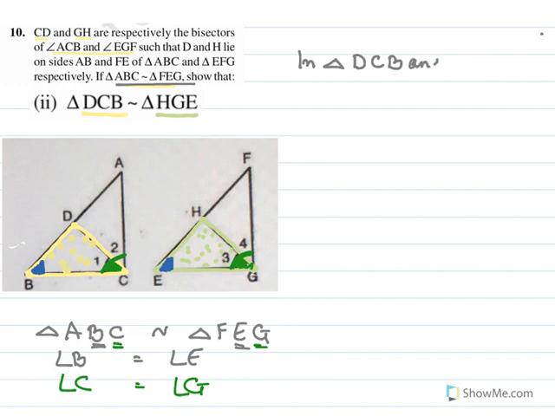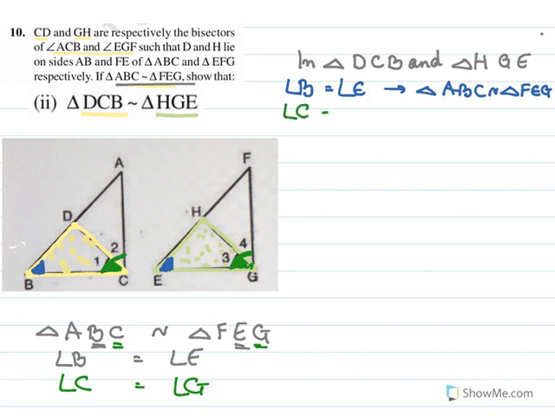So in triangle DCB and triangle HGE, first we write angle B is equal to angle E, and the reason is triangle ABC is similar to triangle FEG. Then we have angle C equal to angle G. Same reason. Corresponding sides of similar triangles are proportional.